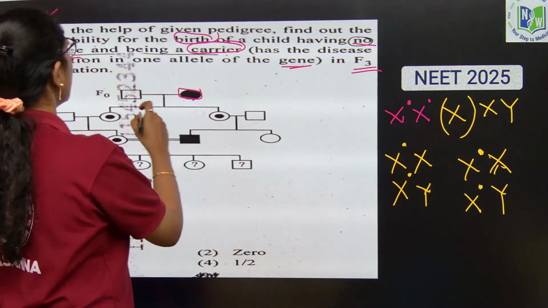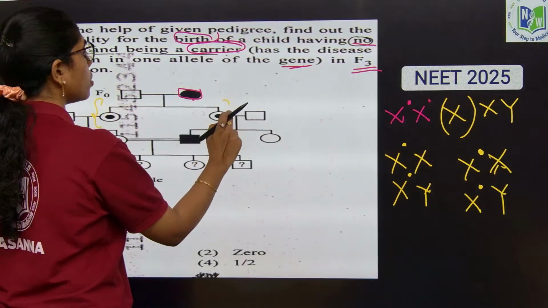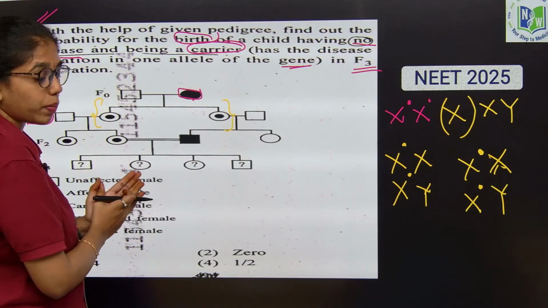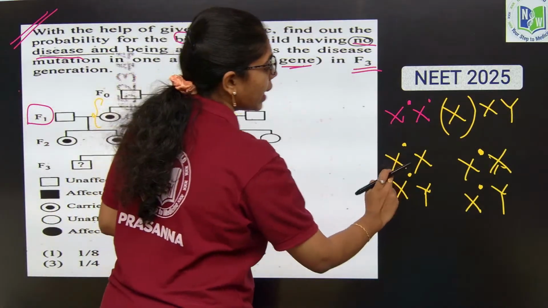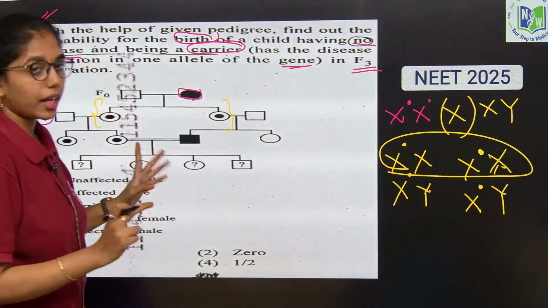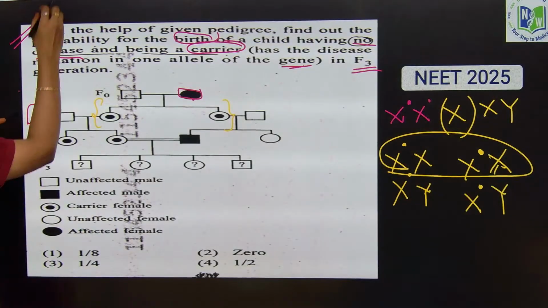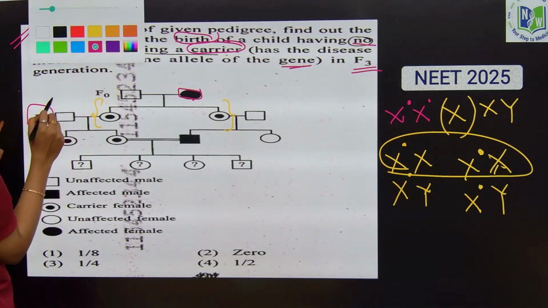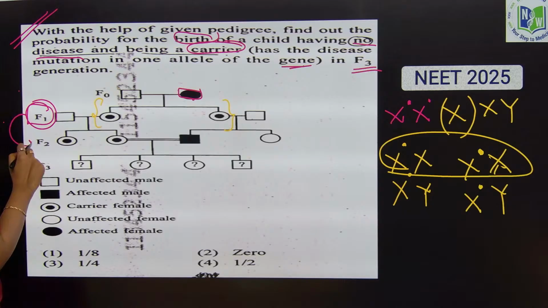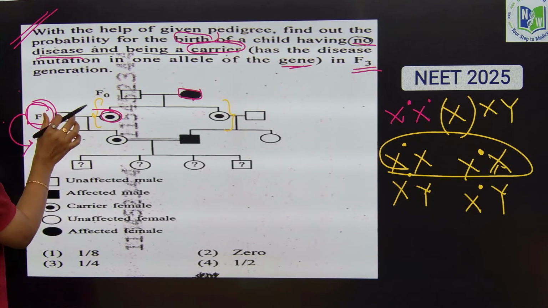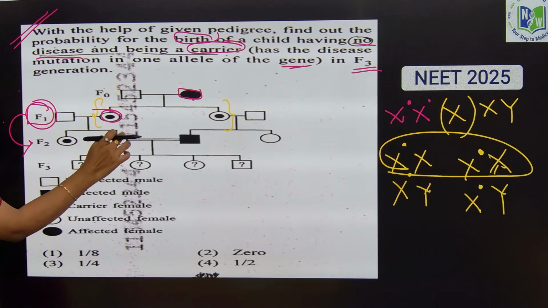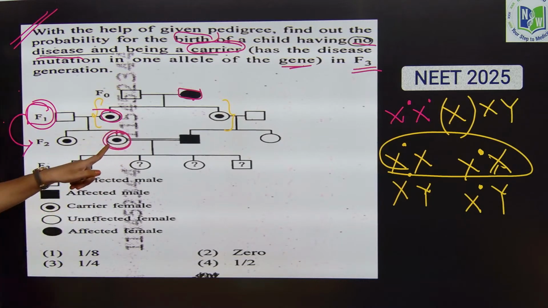Of course, in F1 generation what are the offsprings that are given in this pedigree? Only female offsprings. These female offsprings are what? Carriers, okay, carrier females. Now, if you have to see F1 generation and F2 generation. In F1 generation here it is carrier female and unaffected male giving out what? Again carrier females.